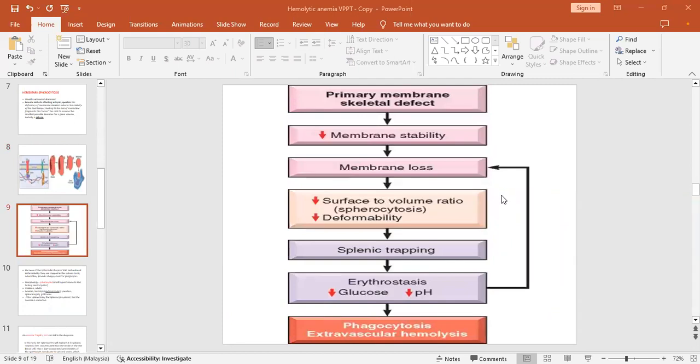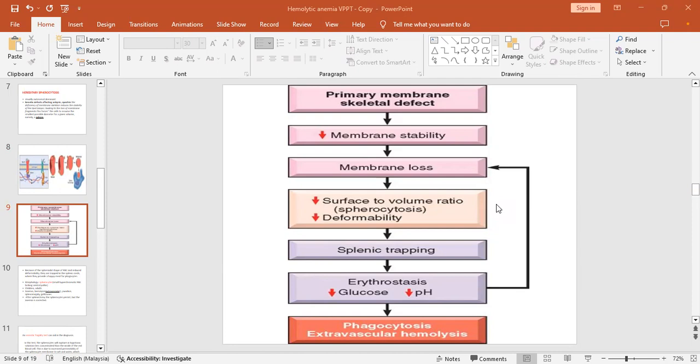This is the flow chart showing the pathogenesis of a case of hereditary spherocytosis. In hereditary spherocytosis, there is a primary membrane skeletal defect. That is, there is a defect of spectrin and ankyrin. Because of the defect in spectrin and ankyrin, the membrane becomes unstable.